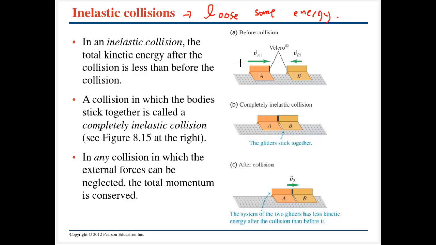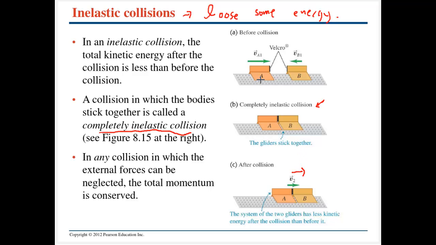In this type of collision, before and afterwards, the velocities are not going to be equal in magnitude and opposite in direction. And in fact, a very special type of inelastic collision is going to be a completely inelastic collision, where if I had some Velcro on these carts rather than springs, they're going to come together, they're going to collide, they're going to stick, and then afterwards they're going to be moving off at some velocity.